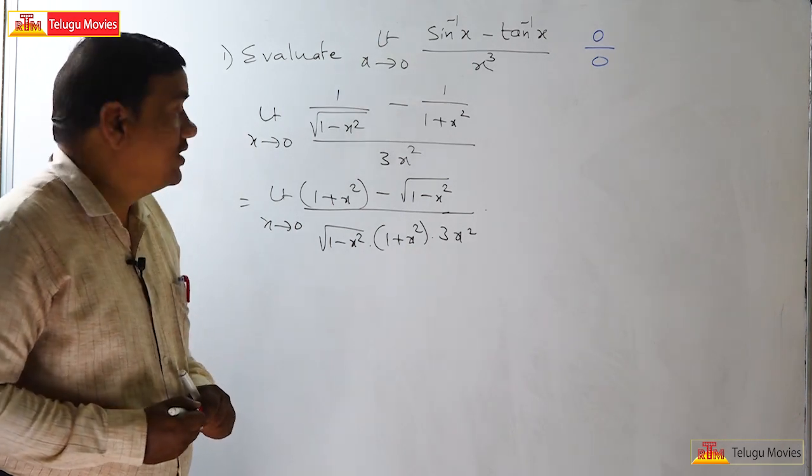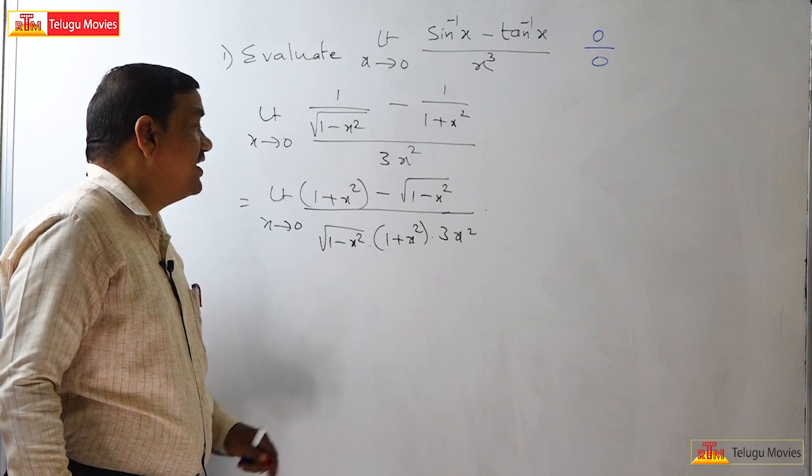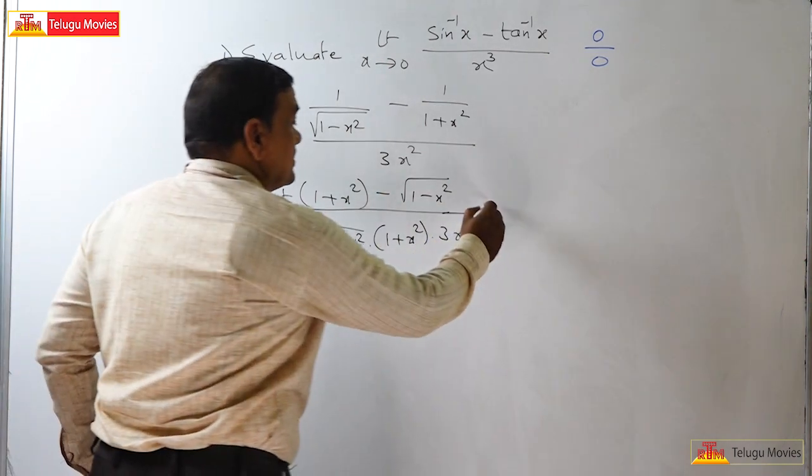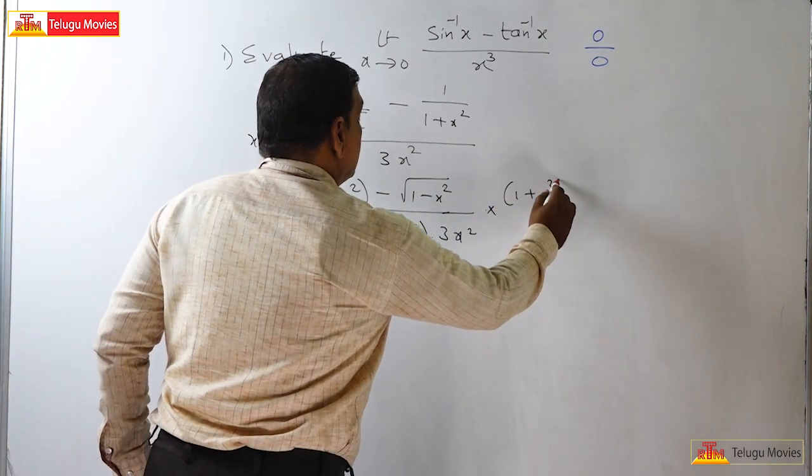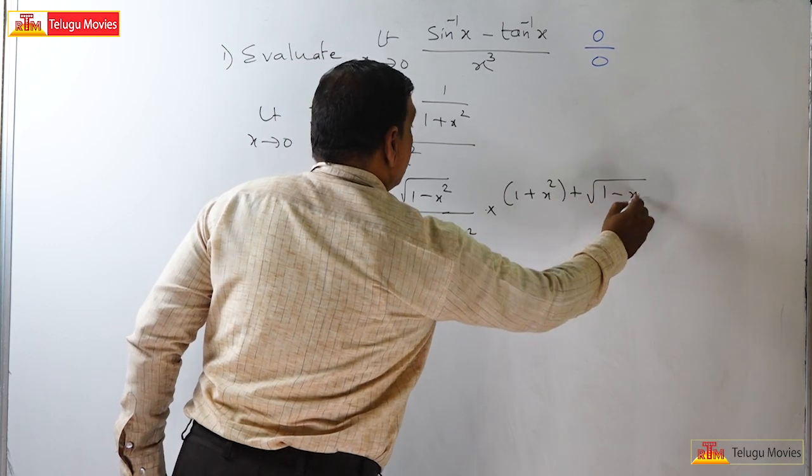Instead, let us multiply the numerator and denominator by the conjugate, 1 plus x square plus root of 1 minus x square.